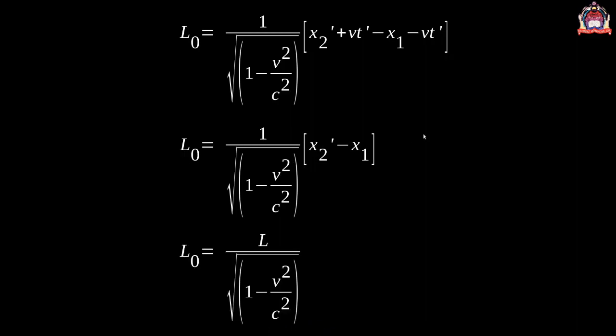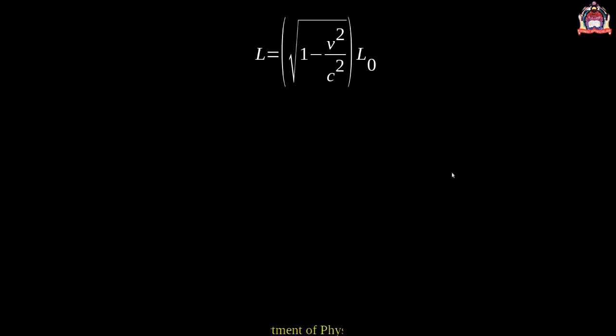Then again simplifying, we get L0 = L divided by the square root of 1 - v square by c square. Here x2 dash - x1 dash is nothing but L. So just taking the cross multiplication, we get L = L0 into the square root of 1 - v square by c square.